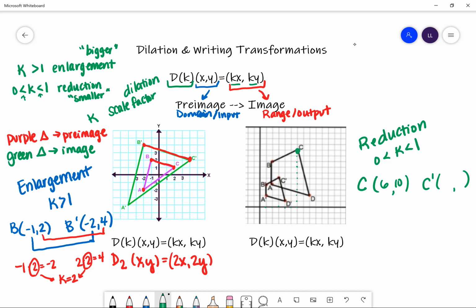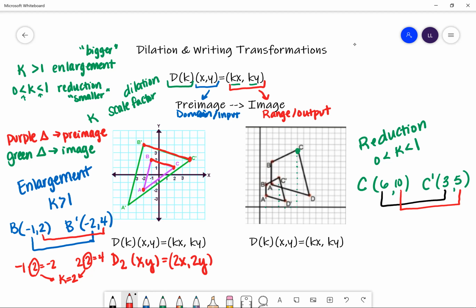Now let's find the coordinate for C prime. That's 1, 2, 3, and then 1, 2, 3, 4, 5. Okay, so once again, let's look at these coordinates. 6 went to 3, and 10 went to 5. So both numbers got smaller, right?